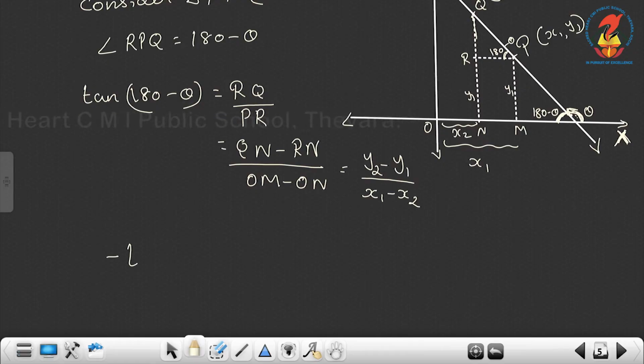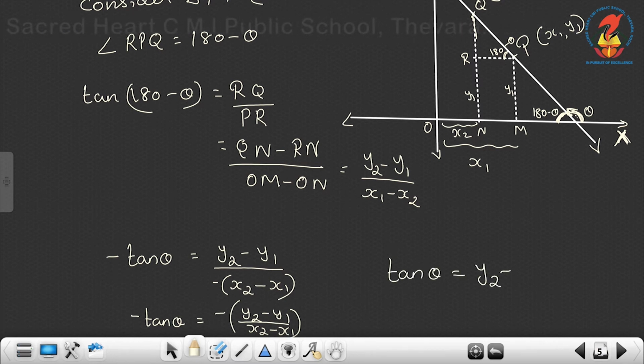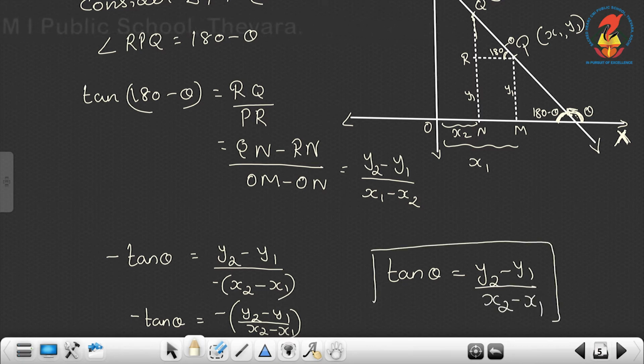So the left hand side is minus tan theta, that is equal to y2 minus y1 by x1 minus x2. Taking the negative outside the denominator, minus tan theta is equal to minus of y2 minus y1 by x2 minus x1. Minus and minus cancel. So tan theta is equal to y2 minus y1 by x2 minus x1. So no change in the result. The first one also we got like this.